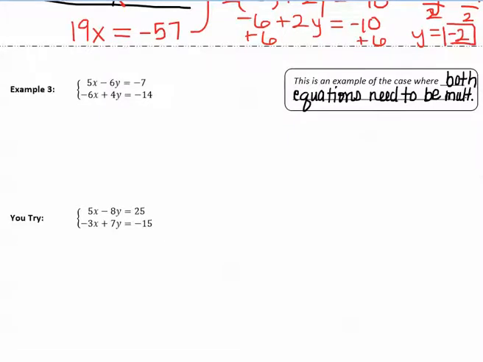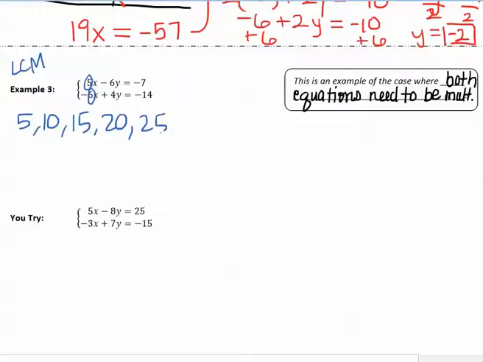All right. So you could do the x's, or you could do the y's. And remember, you're doing a lowest common multiple. Just to remind you what a lowest common multiple is, if you look at the 5 and the 6, multiples of 5 are 5, 10, 15, 20, 25, 30, 35.